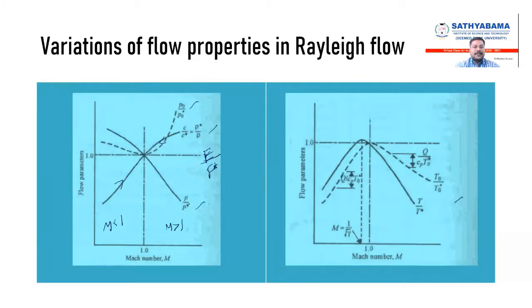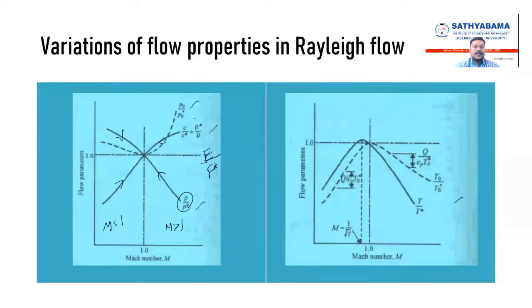Similarly, when we talk about pressure, in supersonic flow the pressure increases so that the velocity decreases, correct? And in the subsonic region we have decreasing pressure, so that we have increasing velocity, so we have a characteristic curve like this.